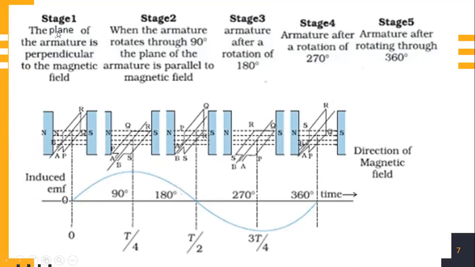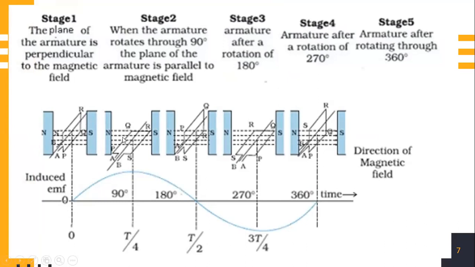Stage 1: the plane of the armature or coil is perpendicular to the magnetic field, and the direction of magnetic lines of force is this. Then you see the EMF is 0. In this position, the induced EMF is 0.